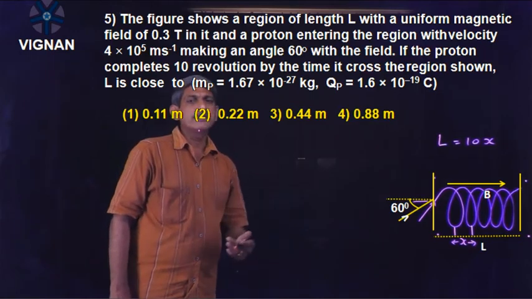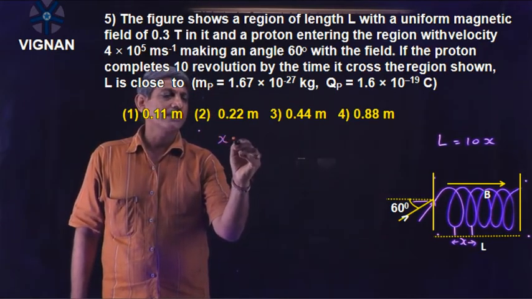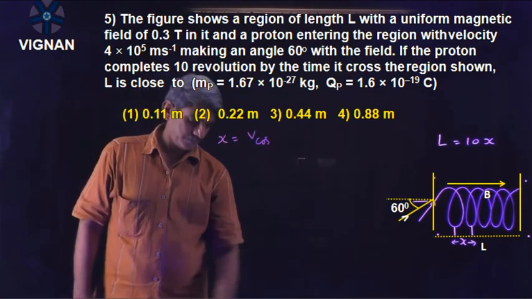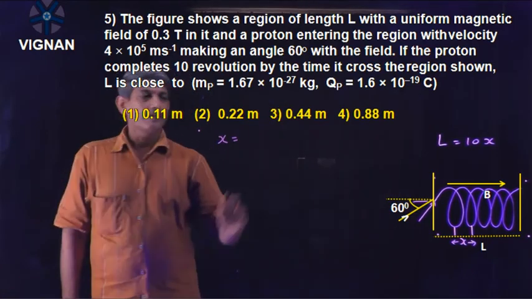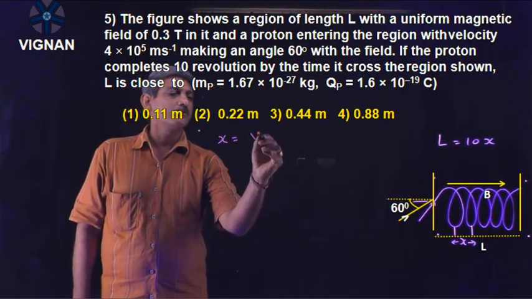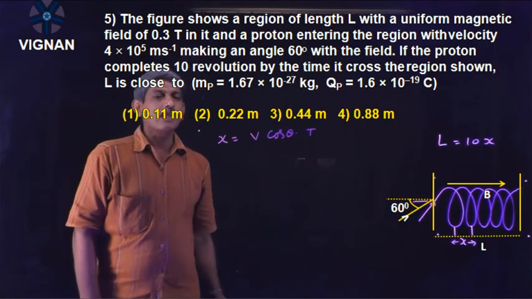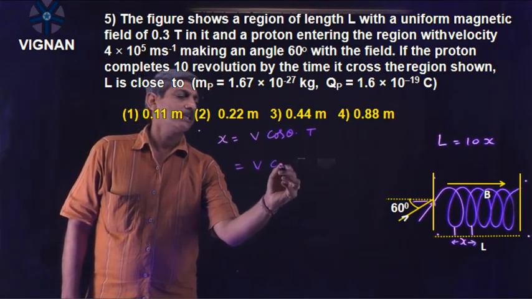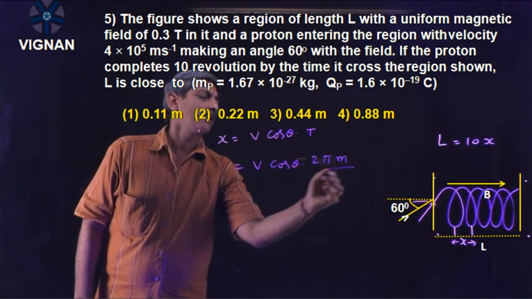Now, already we know the formula for the pitch of the rotation. The pitch of the rotation x is equal to v cos theta into the time period of the rotation, that is equal to v cos theta into 2 pi m divided by qB.